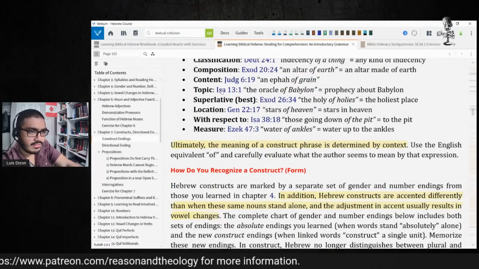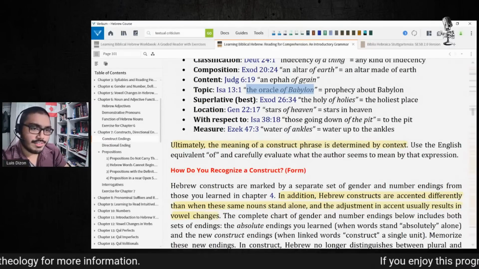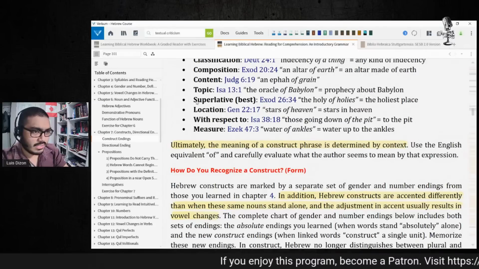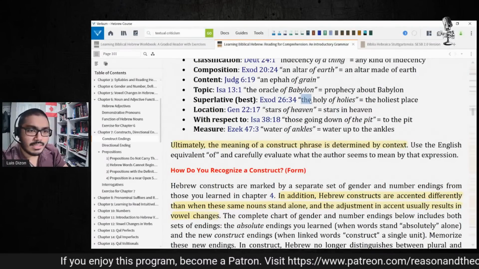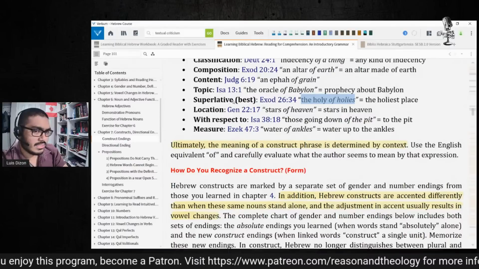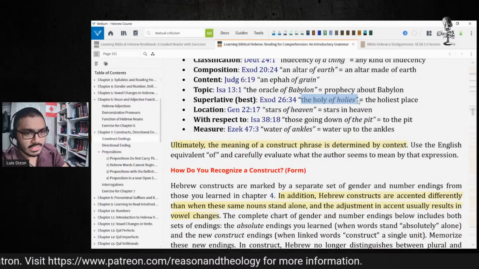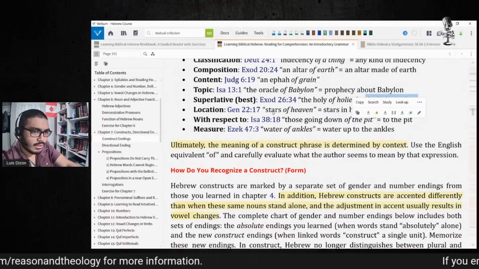Topic. Isaiah 13 verse 1, the oracle of Babylon. So it's an oracle that concerns Babylon. And then superlative. So sometimes this is used to express the most of something. So the Holy of Holies means the holiest place. Location.